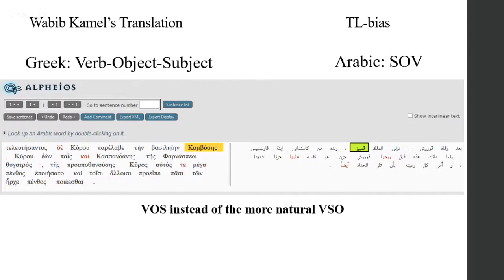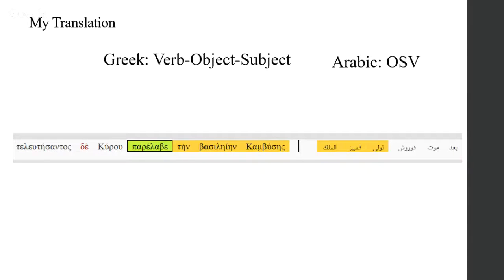So he has tried to mirror the arrangement of the Greek in the Arabic, which violates what the Arabic reader would expect. The Arabic reader would expect something like this, where Campis is before al-mulk because it is the subject. So he has tried to preserve the arrangement, and we can visualize this now.